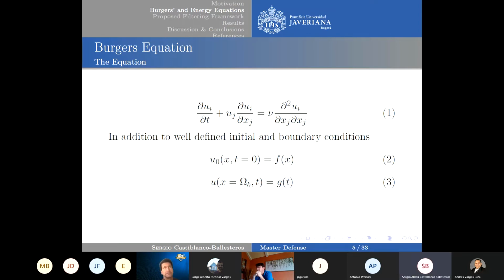Here t is time, x the spatial dimension, u is the dependent variable, velocity in the context of CFD, and nu the viscosity coefficient. If nu equals 0, the inviscid version is obtained. In addition to well-defined initial and boundary conditions. Here omega is a closed compact domain.